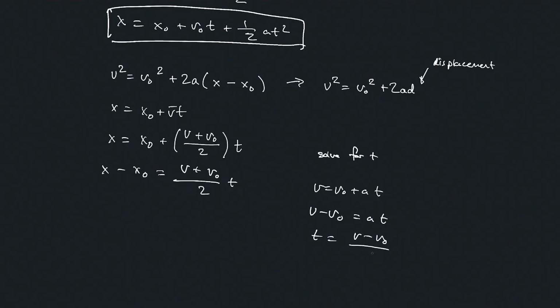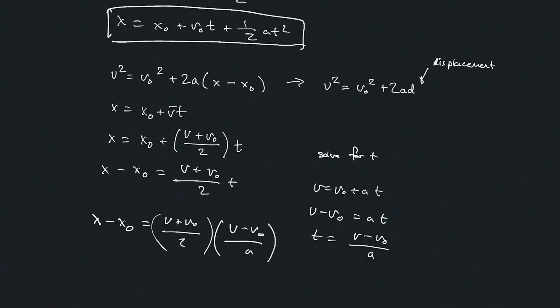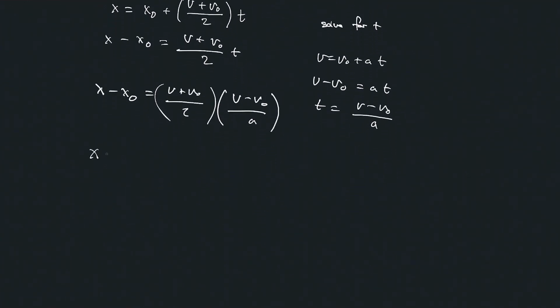And then here we're going to substitute this value for t into this equation. Then what we get is final position minus initial position is equal to average velocity times time, which is written like this. And then multiplying, we're going to get v squared minus initial velocity squared over 2a.